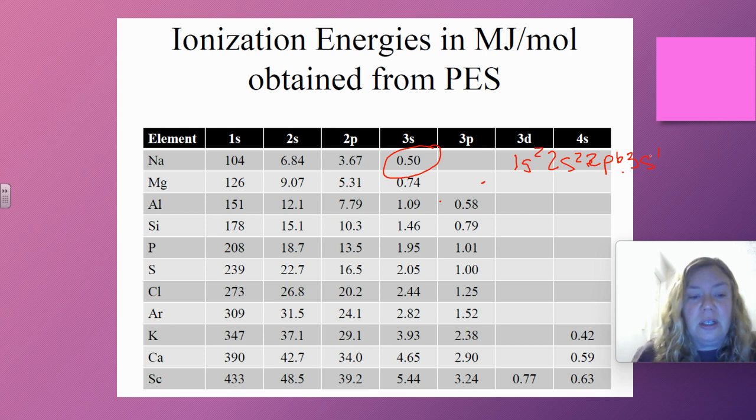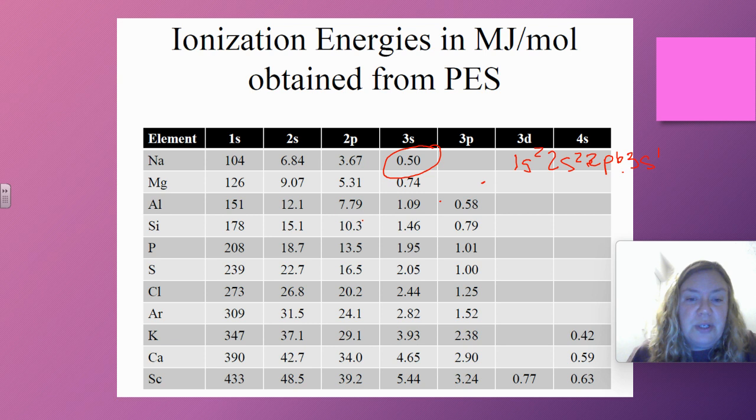As there's more shielding, as we go down the periodic table to scandium, which is actually a 3d element, the 1s requires so much more ionization energy to pull away. When we look at ionization energies as a trend, we're more so looking at the ionization energy of those valence electrons, the outermost electrons. That's what you see over here in the 3s and the 3p and even the 4s.